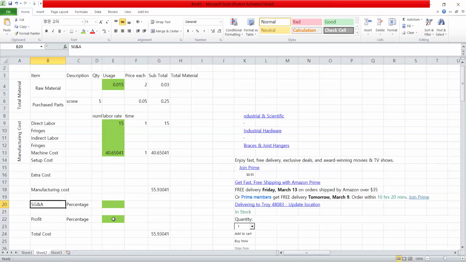So legally, as an example, they will claim 5%, but not necessarily that will be the actual number. 5% is their legal profit, but most likely, instead of a $15 labor rate, maybe they will claim an $18 labor rate. Instead of a $30 machine cost, they will claim a $40 machine cost. So whatever extra cost they claim, they will make extra profit there.